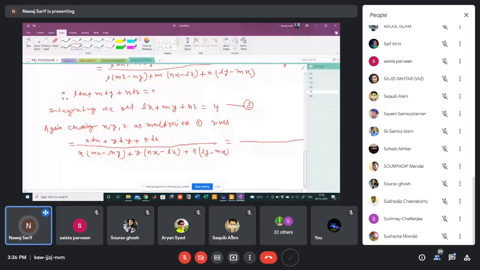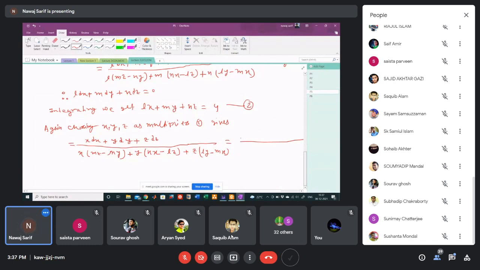When you multiply this denominator by x, this is your mxz. And look at the last term: when you multiply by z, this is your minus mxz, this cancels out, and this is your minus nxy, and see here this is your plus nxy, and this is your minus lyz, and this is your plus lyz. So the denominator becomes 0.